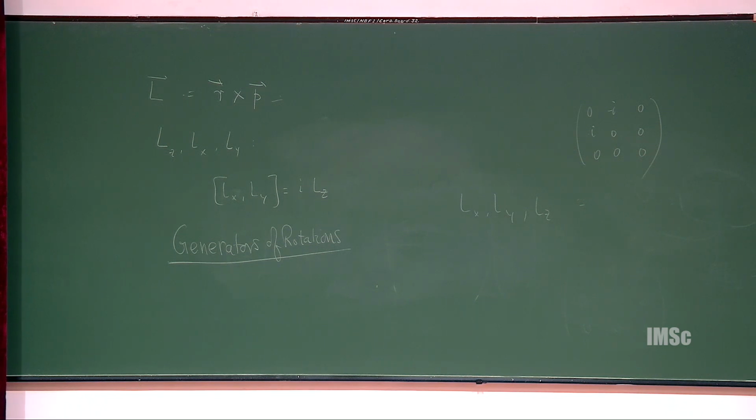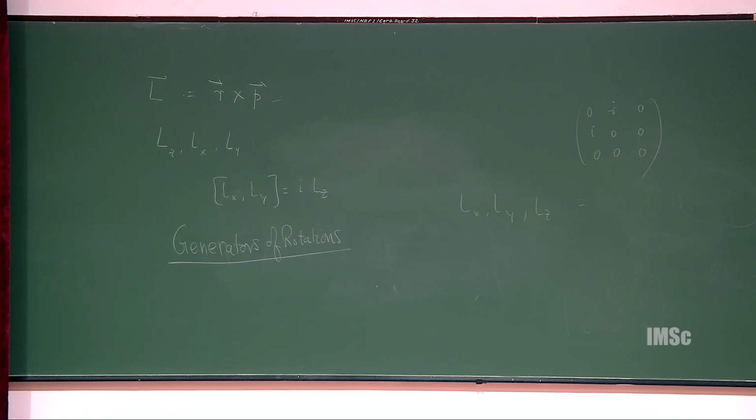You will find it to be minus L, minus L plus 1, minus L plus 2, till you reach plus L. So there are 2L plus 1 values for that.